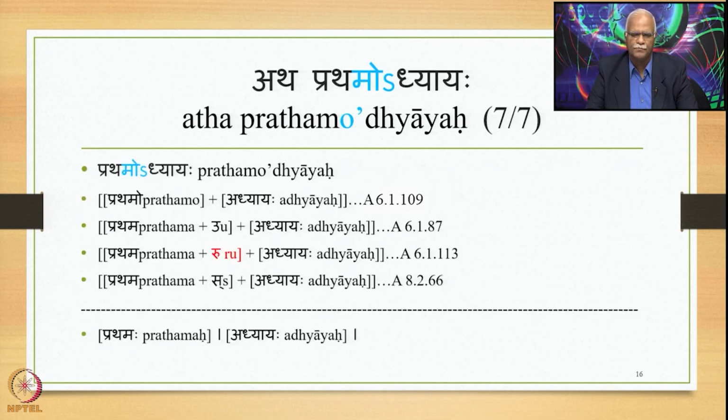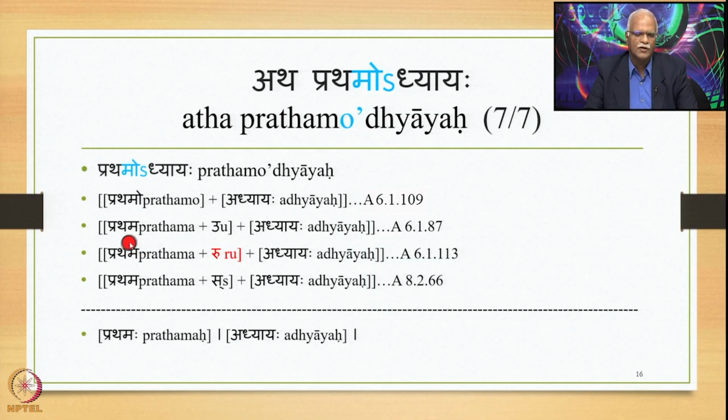So, to sum up, we can take Prathamodhyayaha as an input, and then we can split the sandhi in the following manner. Prathamodhyayaha is first split into two, Prathamo and Adhyayaha. Prathamo is put into square brackets, Adhyayaha is also put into square brackets, and there are two more square brackets at the end. They indicate that this is one unit, one sentence.